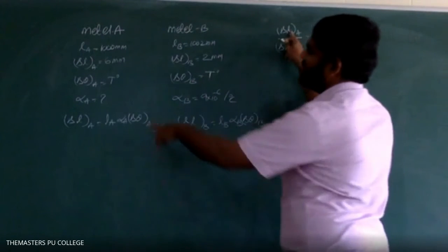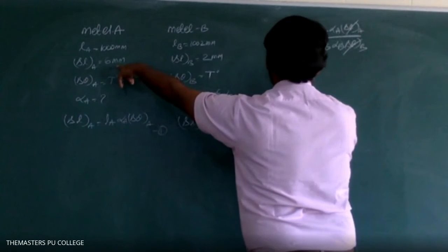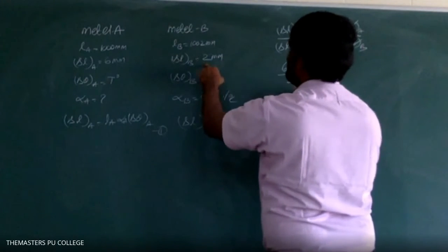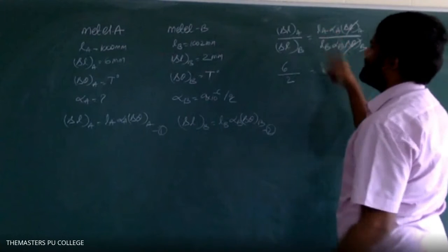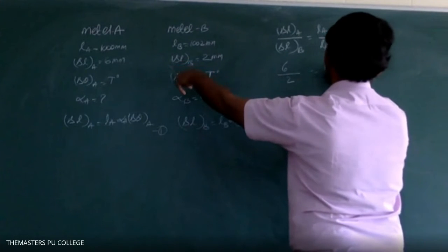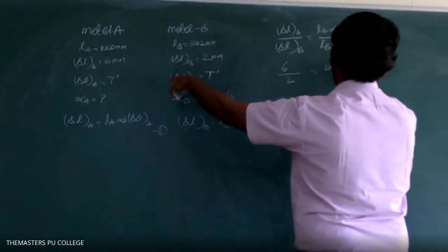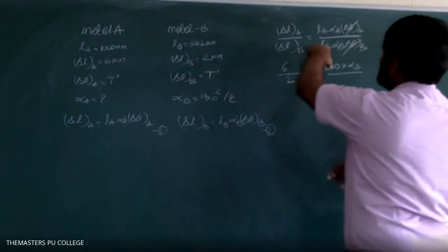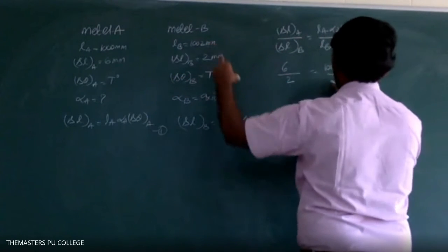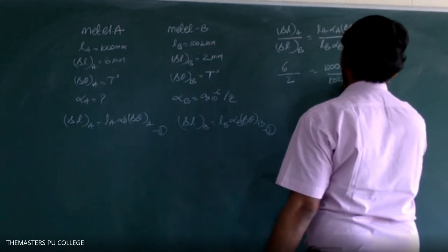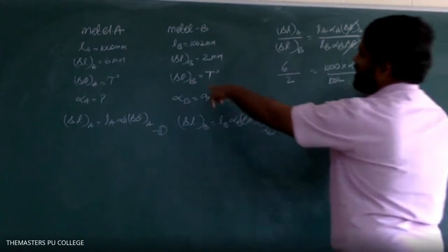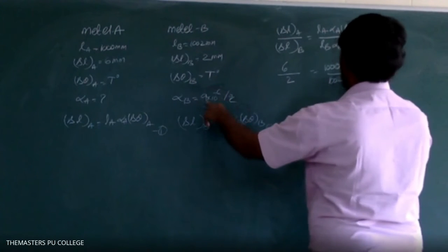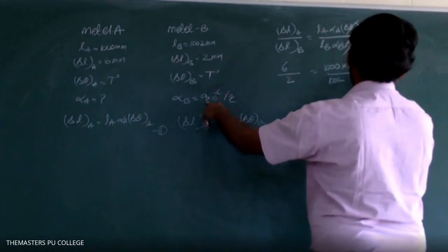Delta L A is 6 millimeter, so 6 divided by 2 equals LA, the length of A, 1000 millimeter, into alpha A, which we don't know, divided by LB, 1002 millimeter. Here also millimeter gets cancelled, that's why I didn't convert. And alpha B they have given as 9 into 10 to the power of minus 6.